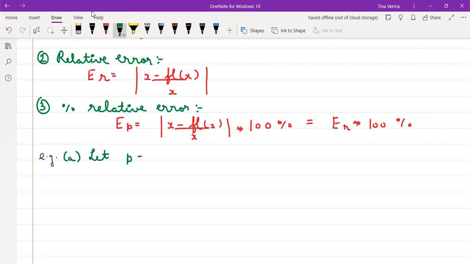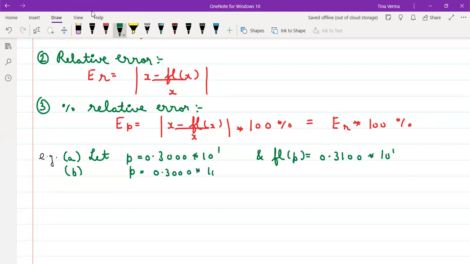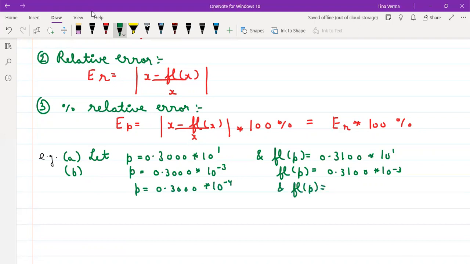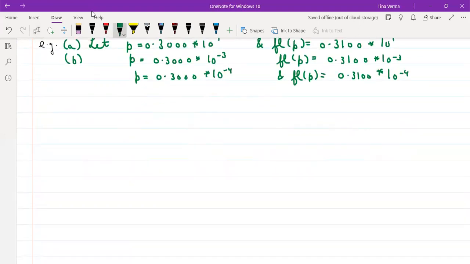Let P be any number, 0.3000 into 10 raised to the power 1, and its approximation be given. Calculate the absolute error and relative error for these problems.